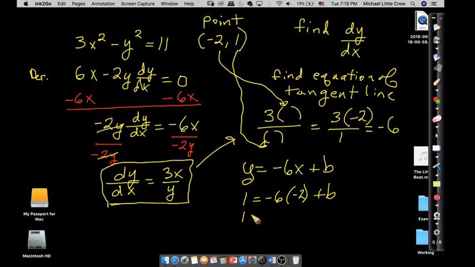We end up with 1, negative 6 times negative 2, positive 12 plus b. So to get b by itself, subtract the 12, and we end up with b equals a lovely negative 11. And so our answer is going to be y equals negative 6x minus 11.